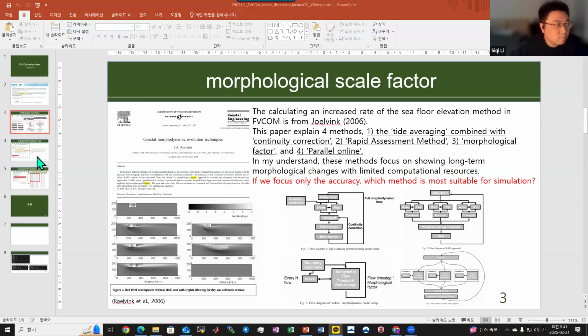But I did test that when we tried to look at the Changjiang River. We had a typhoon pass, so we turned on the wave, current and sediment interaction. We wanted to see how much the morphology changes, how the seabed changes.